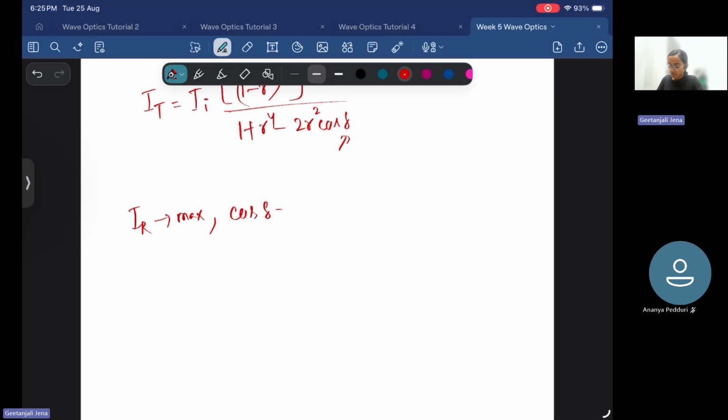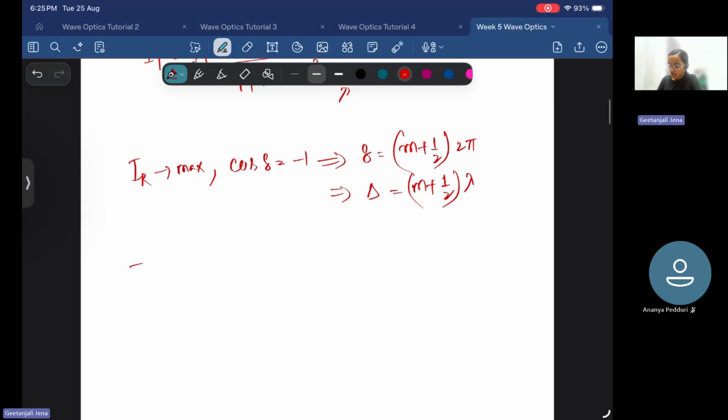So cos of delta is -1. That means delta should be (m plus half) 2 pi, so the path difference would be equal to (m plus half) lambda. Okay. So this is to have the reflected light maximum.